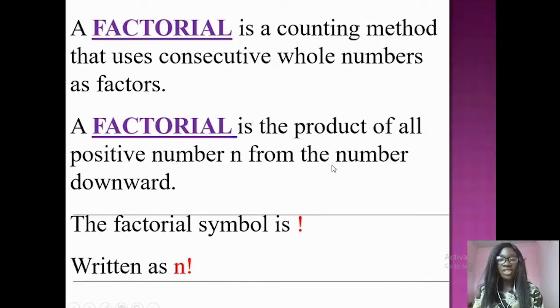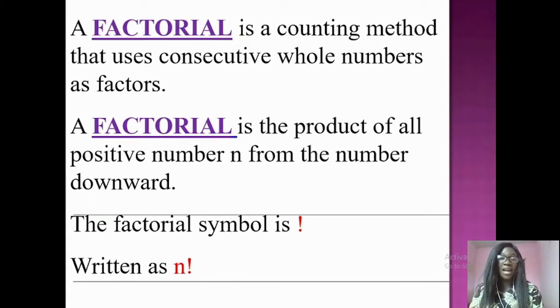Remember, our definition says it is the product of all positive numbers, meaning our number must be positive. All the numbers we are going to be treating are positive. We are going to multiply all the numbers downward. So the factorial of 5, we write as 5 factorial, and we put our exclamation mark.